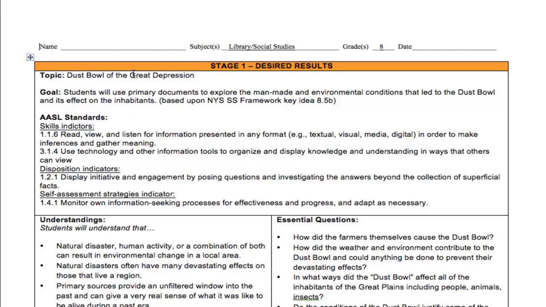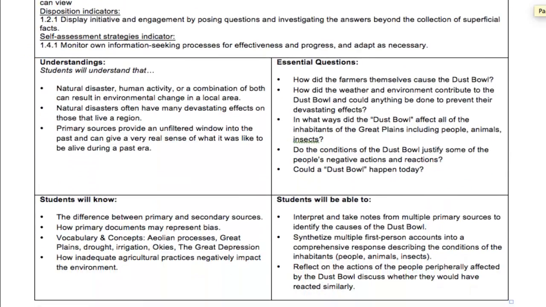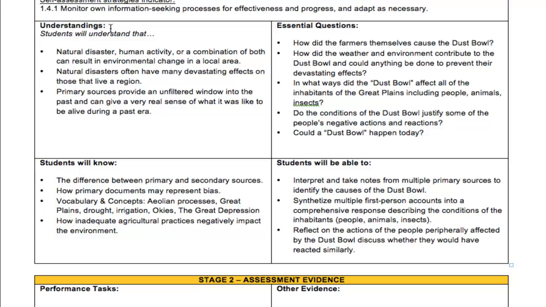If you remember, my sample lesson's topic has to do with the Dust Bowl of the Great Depression, and the goal is for students to use primary documents to gain an understanding of the conditions that led to the Dust Bowl as well as its effects on the inhabitants, including the people, the animals, the insects of the Great Plains.